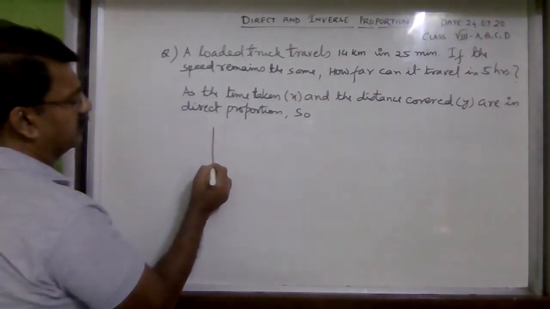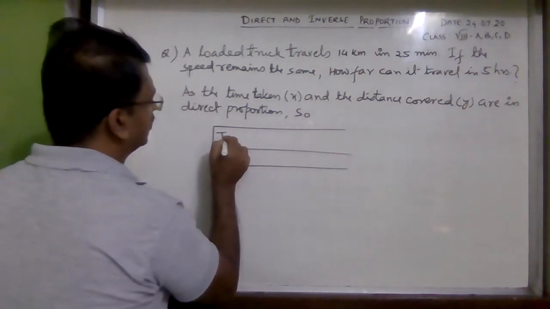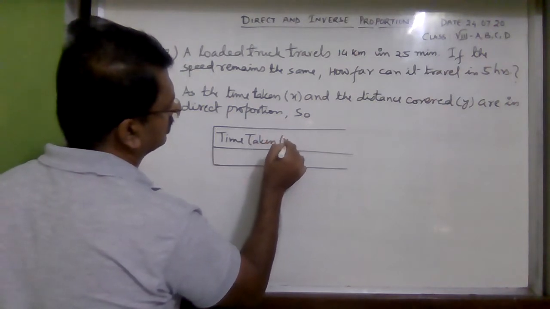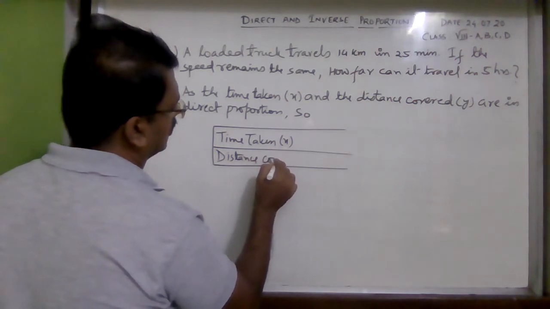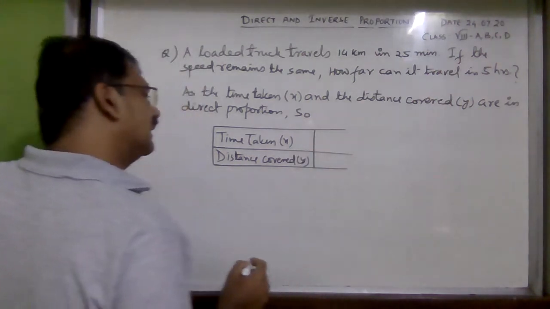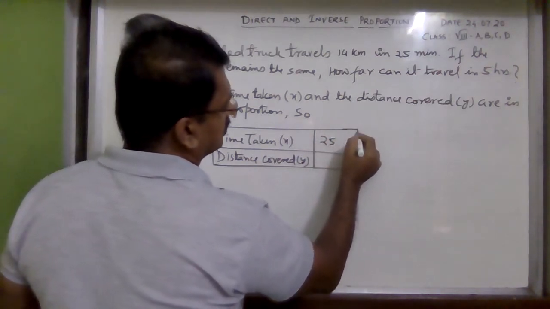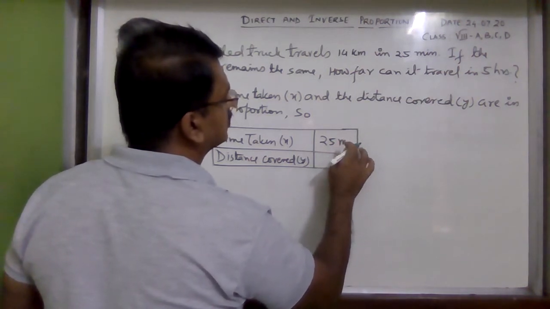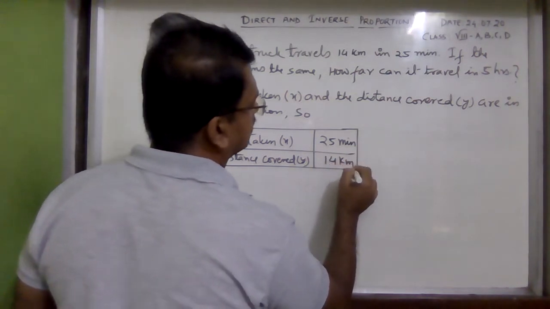So once again you make the table. Time taken, distance covered. The time taken was initially 25 minutes, and the distance covered was 14 kilometers.